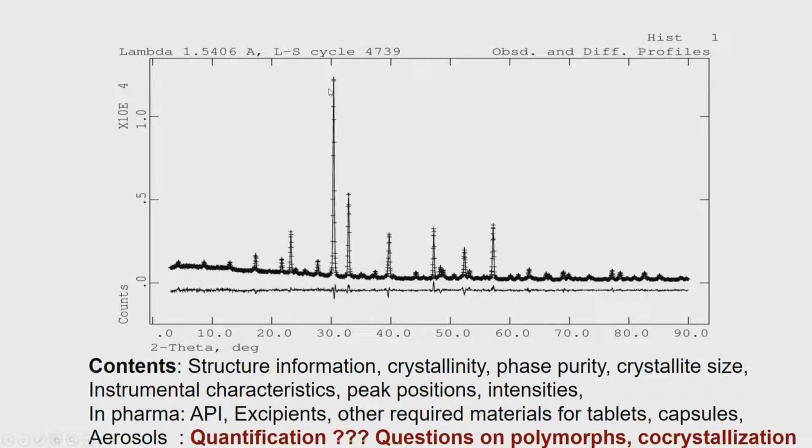We will see how the calculated intensities come up. And the one below here shows the difference between the observed and the calculated, essentially helping us to determine the structure of this material by the so-called Rietveld refinement.